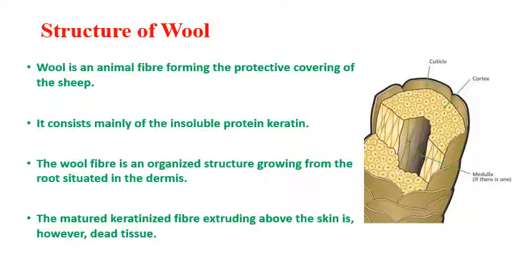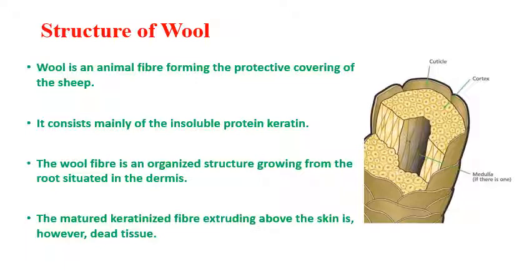The wool fiber is an organized structure growing from the root situated in the dermis. That is the follicle we have discussed earlier, primary and secondary follicle. Basically they are at the second layer of the skin, that is the dermis. The matured keratinized fiber extruding above the skin is however a dead tissue.